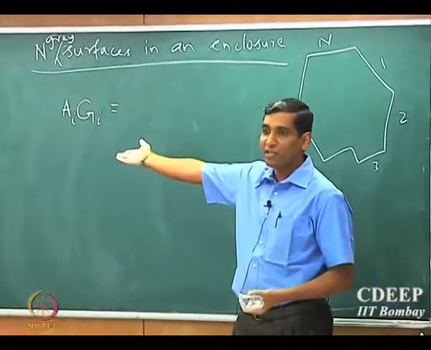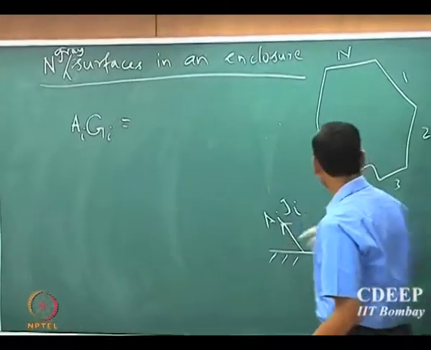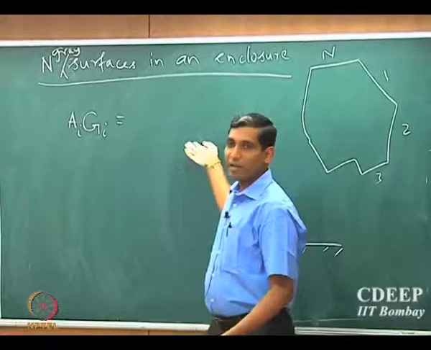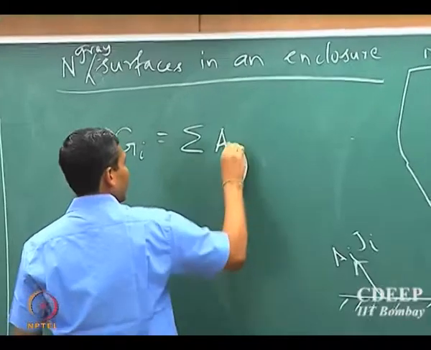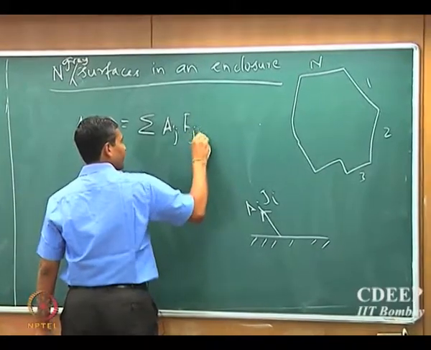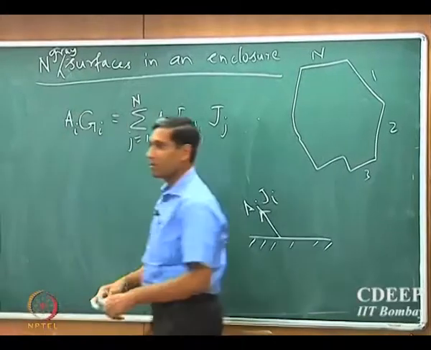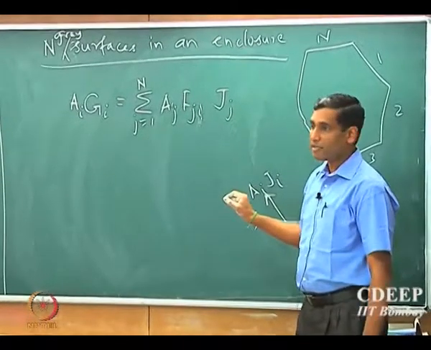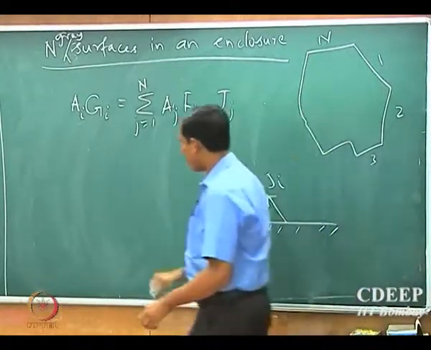So what is the total irradiation received by the ith surface? There has to be a summation here, because some radiation is received from 1, some from 2, some from 3, and so on. That summation will be the sum over j of Aj Fji into Jj, with j going from 1 to n. This is the radiation emitted by the jth surface and intercepted by i, summed over all j.